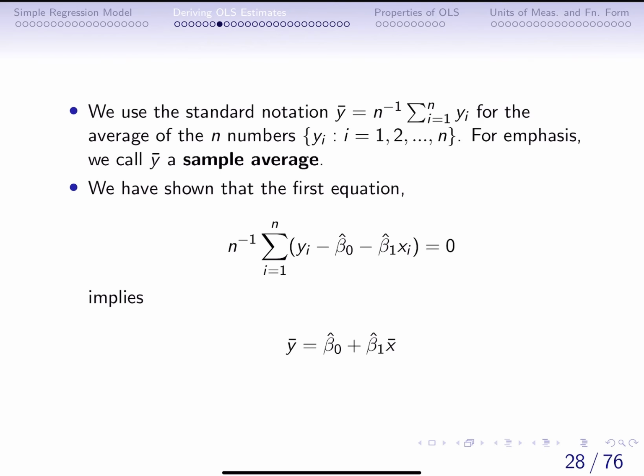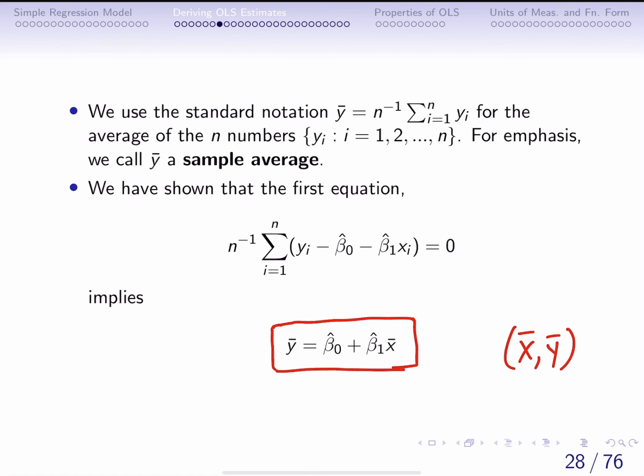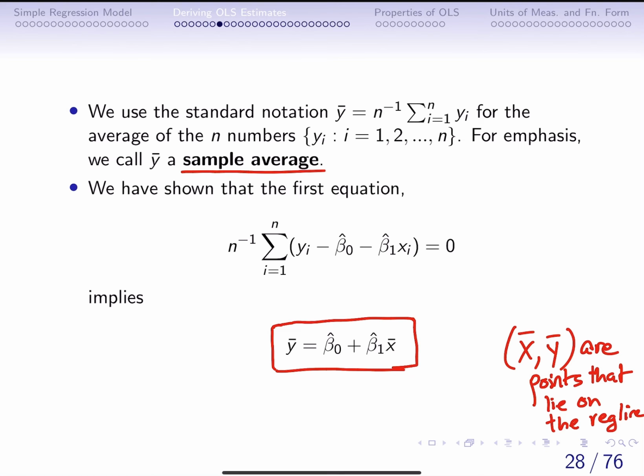Then you're going to basically say that the mean or the average of y and x basically lies on that regression line that we saw. So x bar and y bar are points that lie on the regression line that we fit. These are sample averages or means.